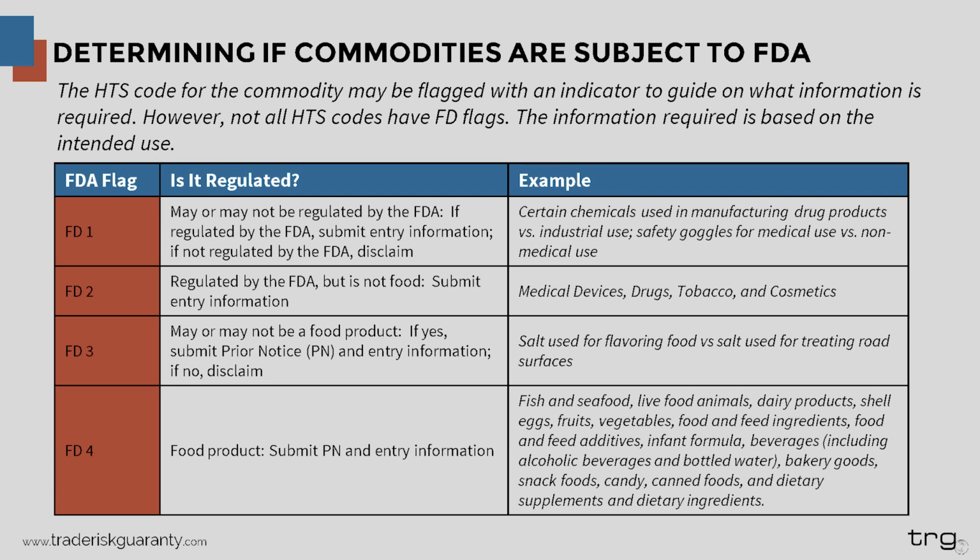However, you do run the risk that if you don't disclaim what the use is on your product and explain why it wouldn't need to be regulated by the FDA, it may flag your import because they're going to maybe assume that you're using it in a way that needs to be regulated. So this is where that disclaim part becomes really important.